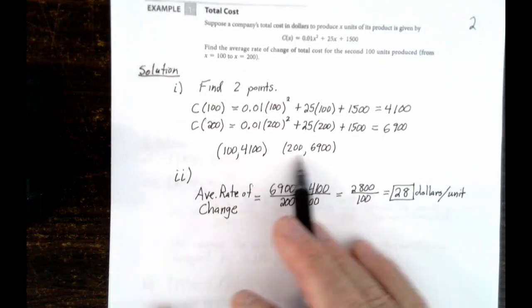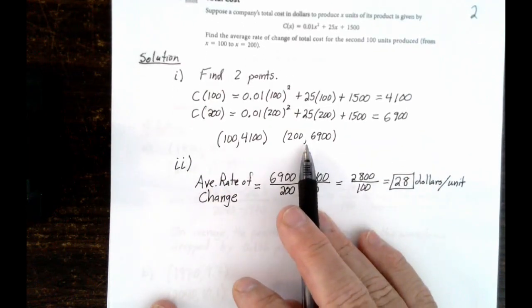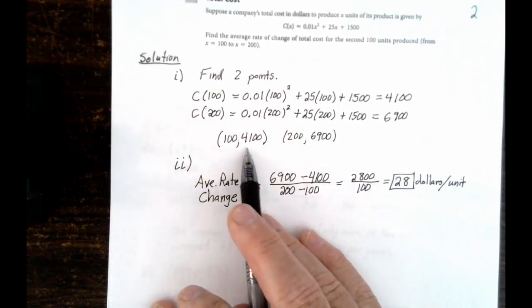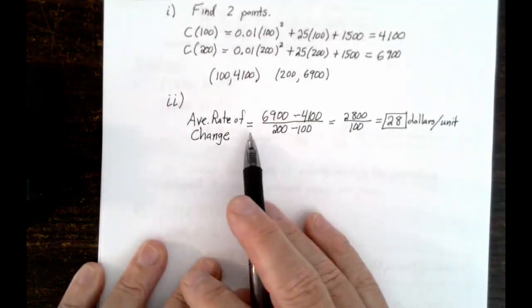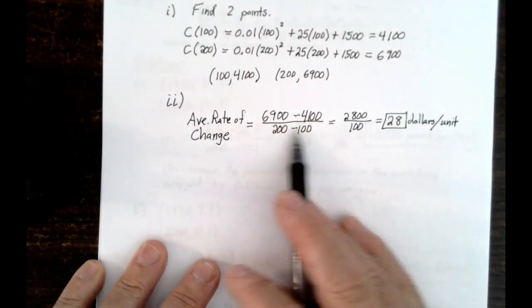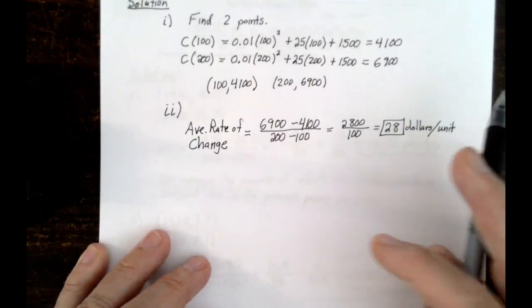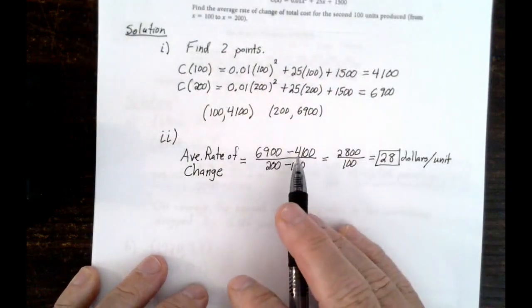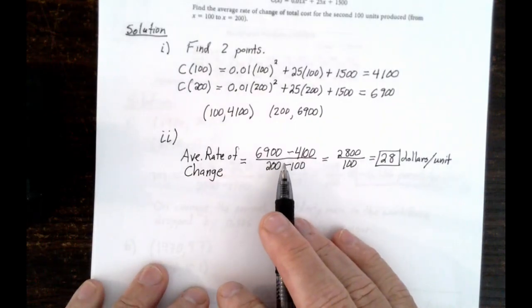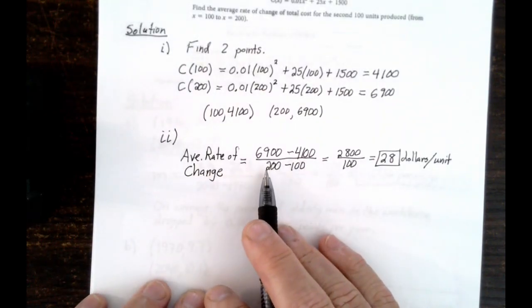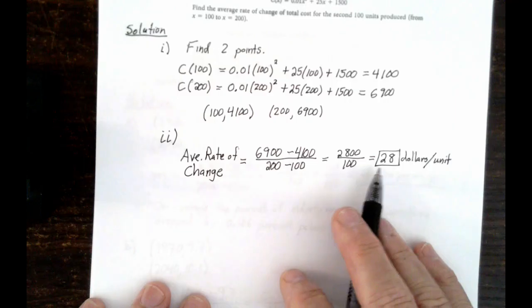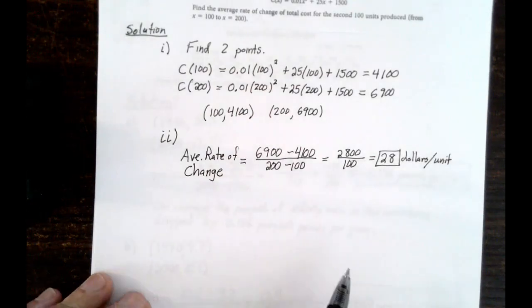And when you do that, now you've got two individual points instead of just two x values. You now have an x and a y, an x and a y. And now you can find the slope. And we find that it's $28, meaning the change in dollar amount per unit, when we're talking about making between 100 to 200 units, it averages about $28 per unit, whatever item they're making.